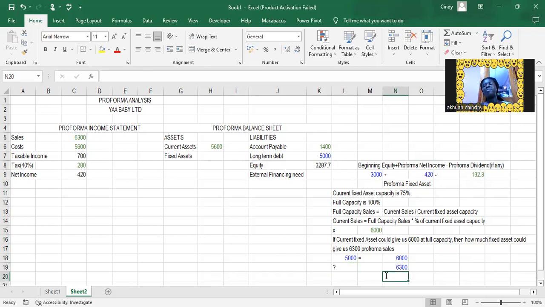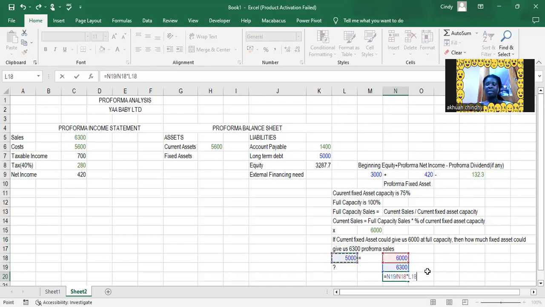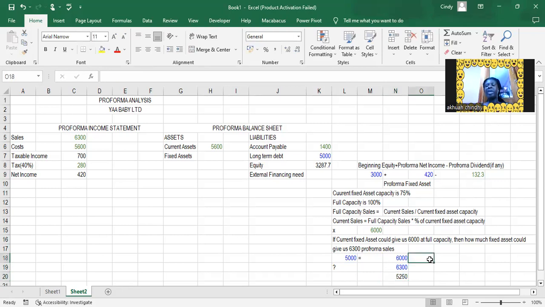So now, 6,300 is more, so we divide by the less, times this 5,000. So if I put it in words, let me write it here.